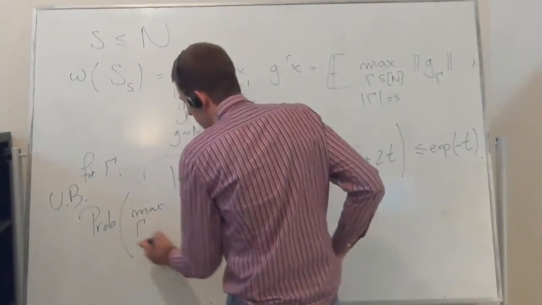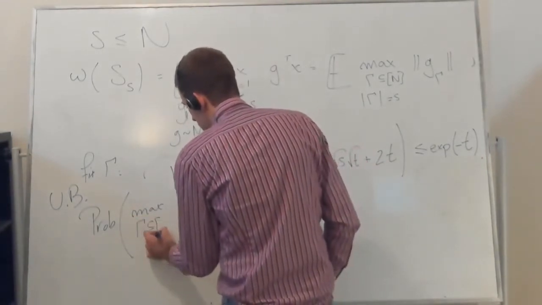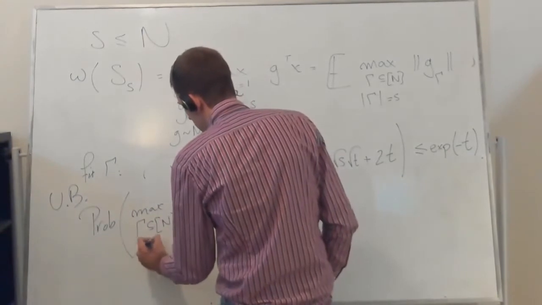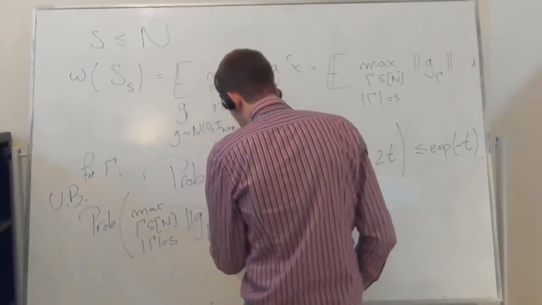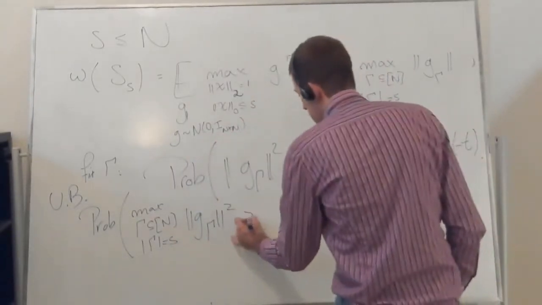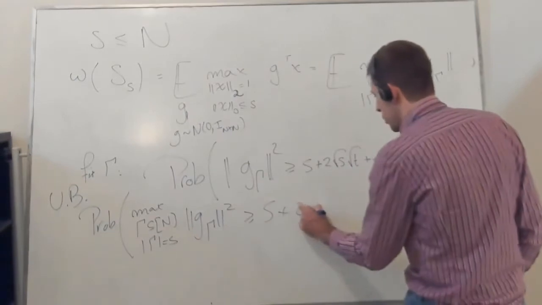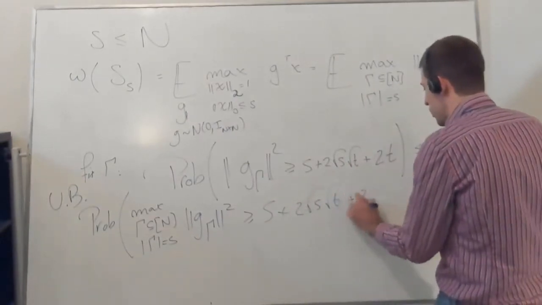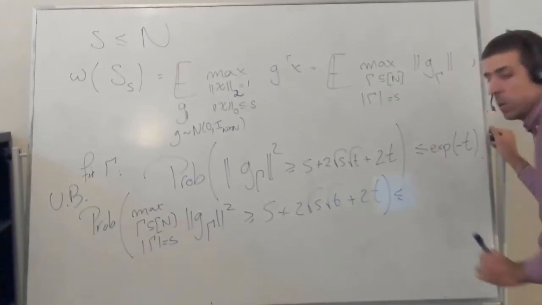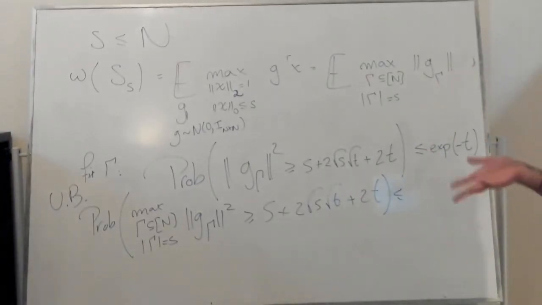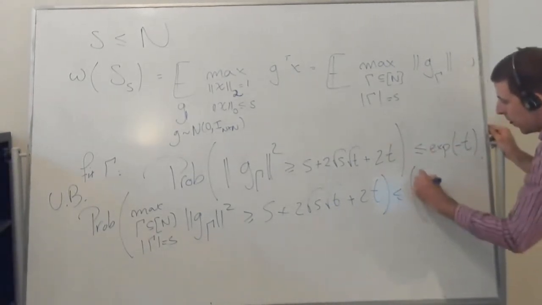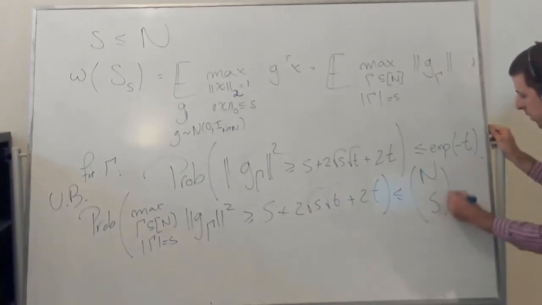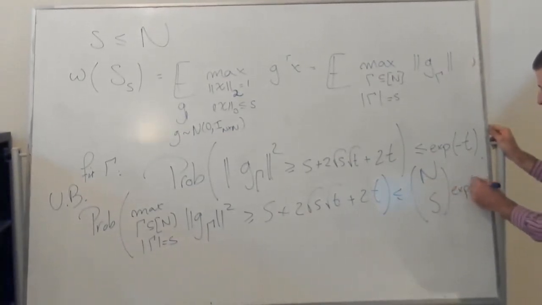So the maximum over these sets, sets of n whose size is S, of G squared, being bigger or equal than S plus 2 square root S square root T plus 2T, is smaller or equal than, right? The union bound says that the probability of the union is smaller or equal than the sum of the probabilities. Here the probabilities are all the same, so we just have to count how many supports we have. But this is just n choose S exponential of minus T.